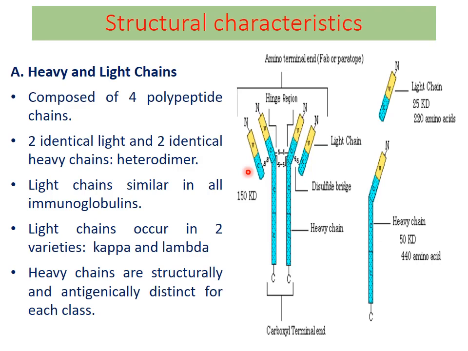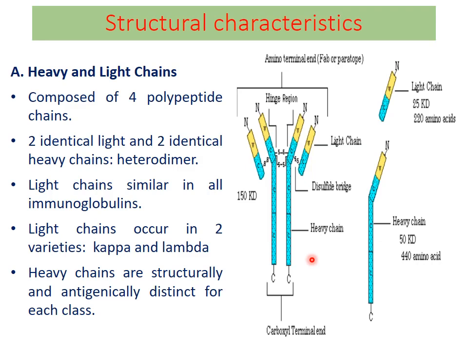But the heavy chains are structurally and antigenically distinct for each class, and the naming of the immunoglobulin also depends on the type of heavy chain present in that particular immunoglobulin.